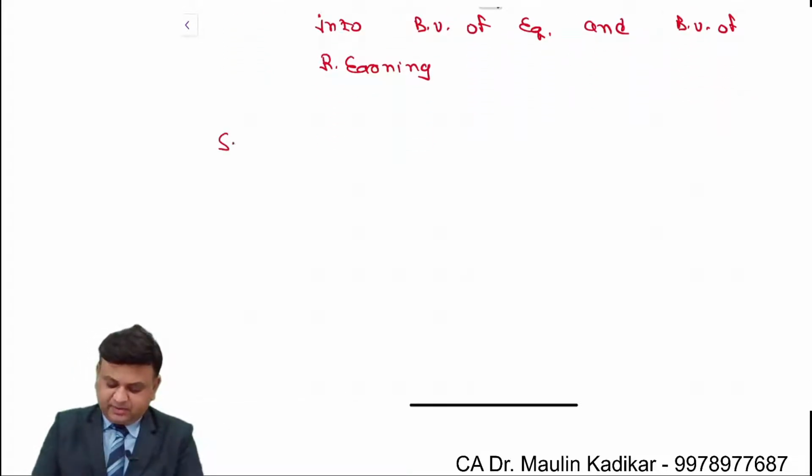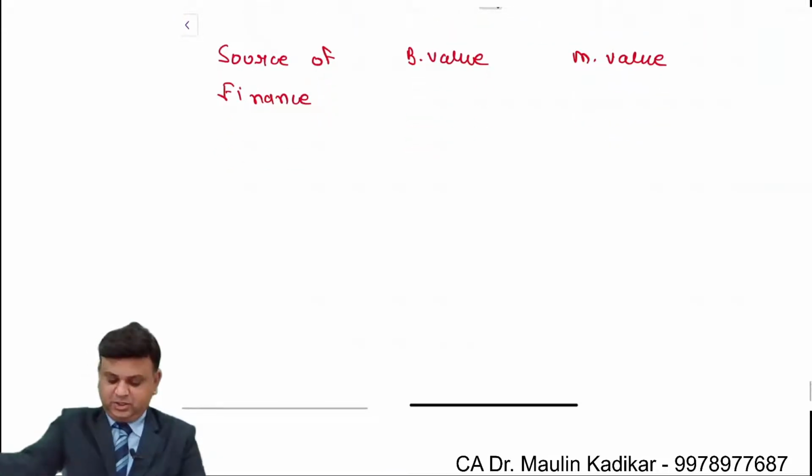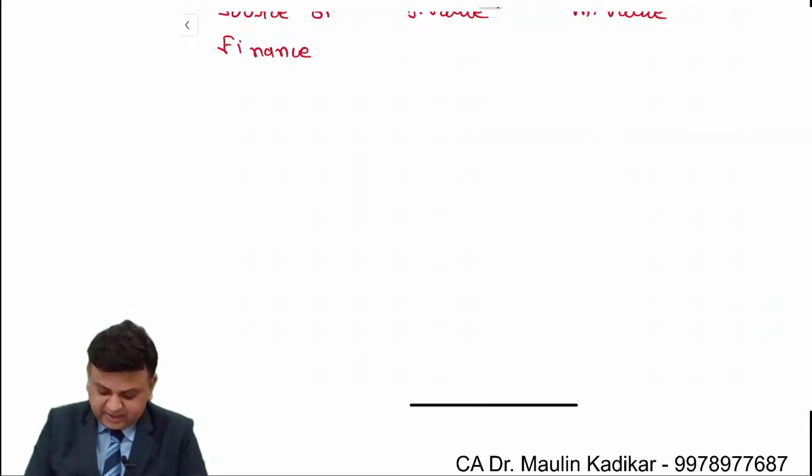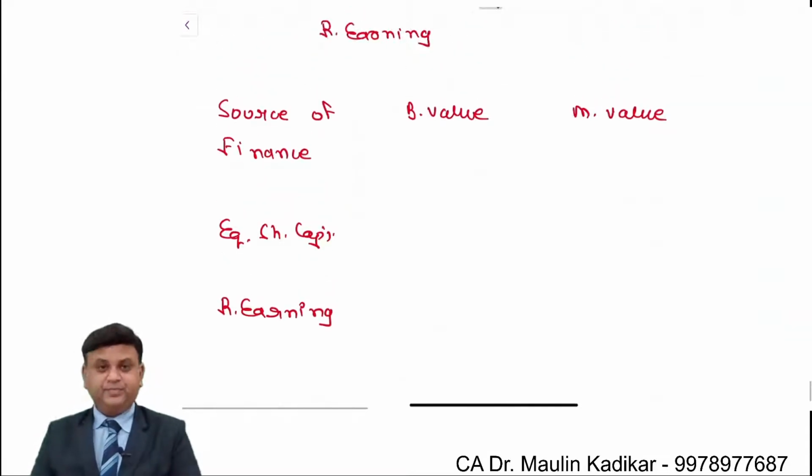So over here, column number 1 is source of finance, column number 2 will be book value, and column number 3 will be market value. In the source of finance column, I am writing equity share capital and retained earning. That is the way these two things will be mentioned.